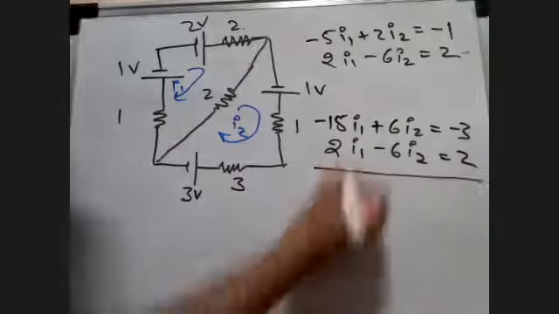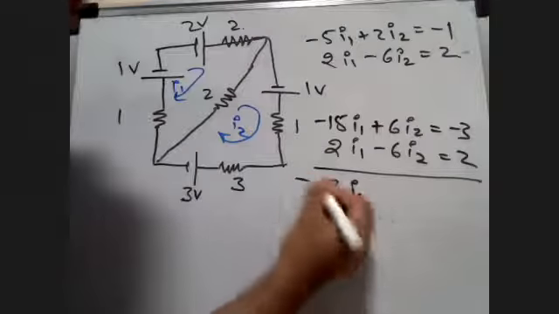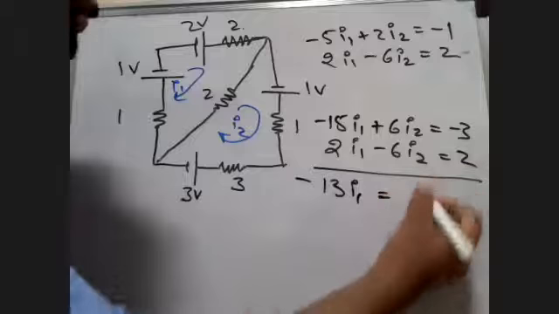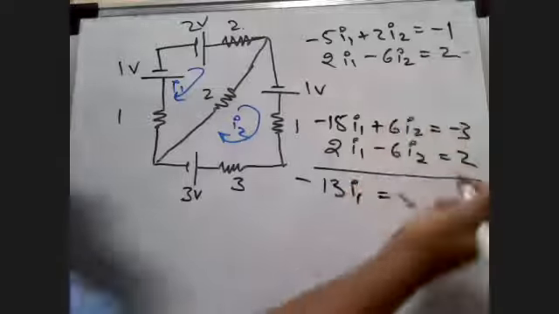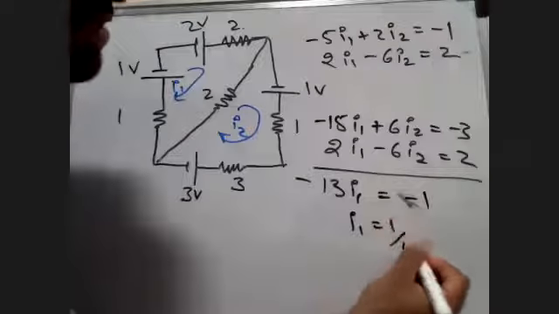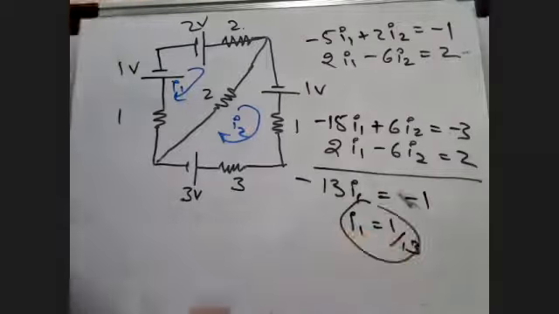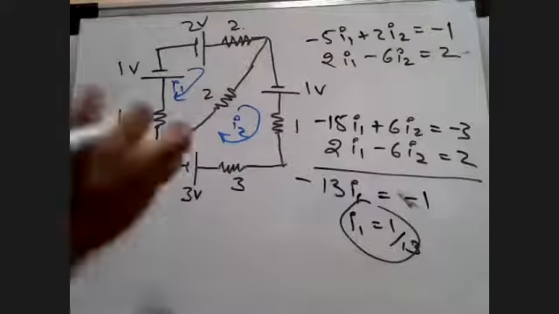Add both of them. What will you get? Minus 15 plus 2 is minus 13, and minus 3 plus 2 is minus 1. So I1 will be equal to 1 by 13 ampere. Now, what will you get if you substitute I1 in any of these equations?